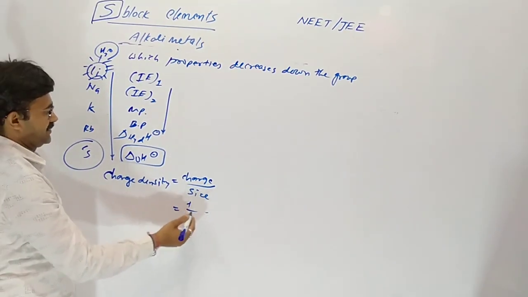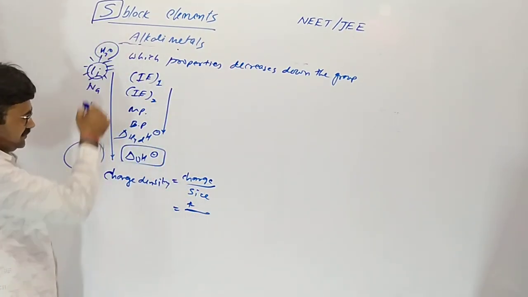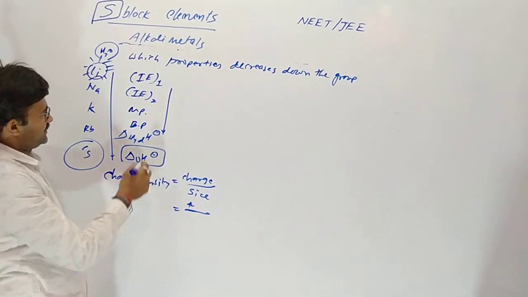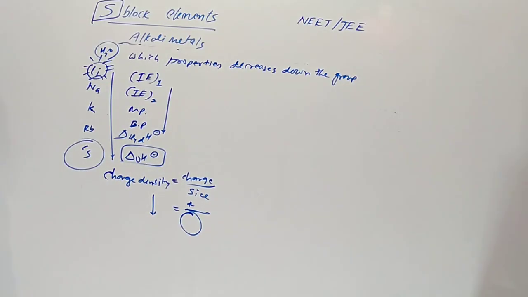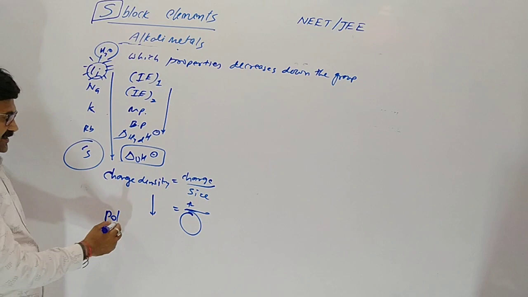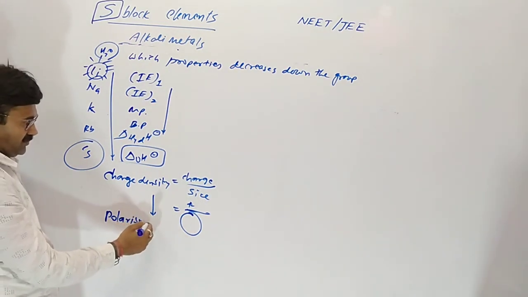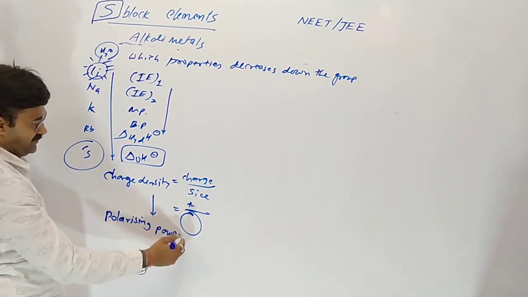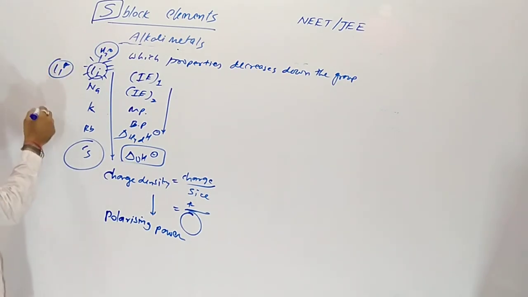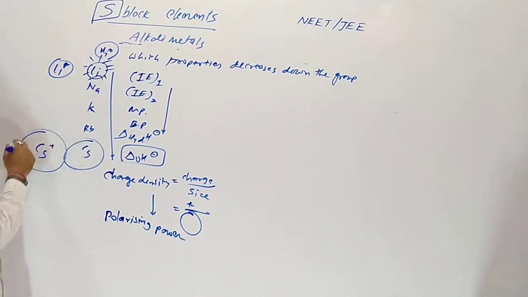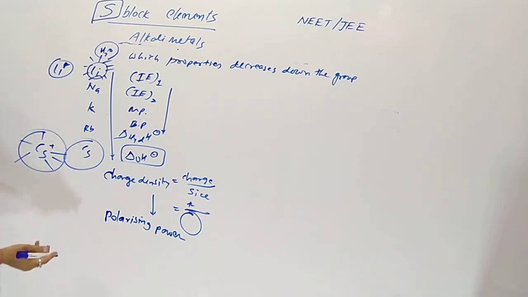Charge is common, +1 throughout the group, and size increases, so charge density also decreases. Polarizing power also decreases. Lithium is small and its positive ion is more polarizing. Cesium has less polarizing power due to bigger size.